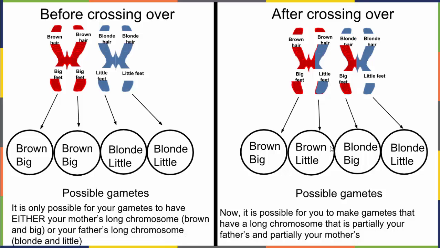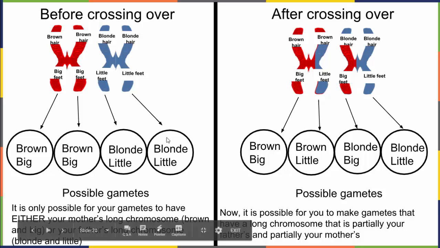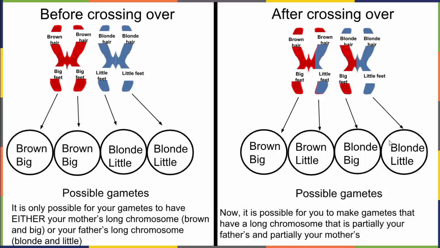So there are 4 different versions of that chromosome that can be passed along in a gamete. Before crossing over, you could only make egg cells or sperm cells with these traits together. After crossing over, we could now have a sperm or an egg cell that has these different combinations.